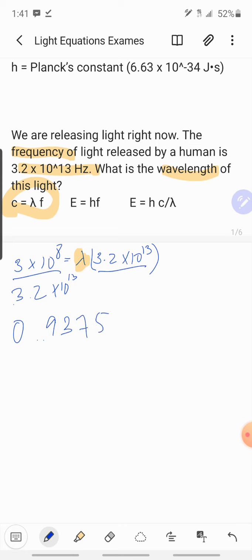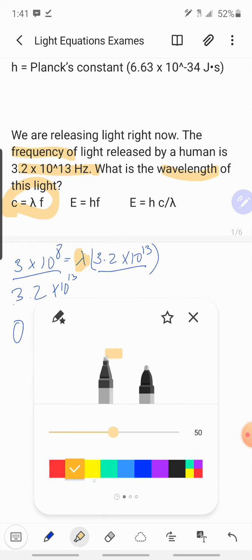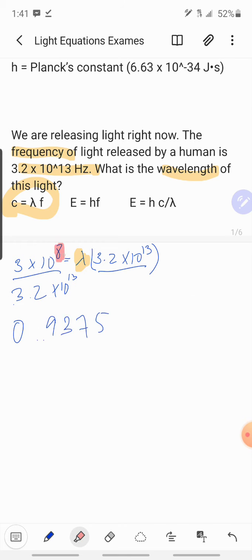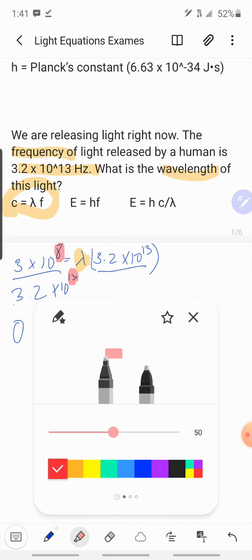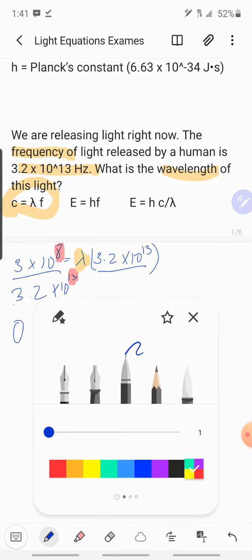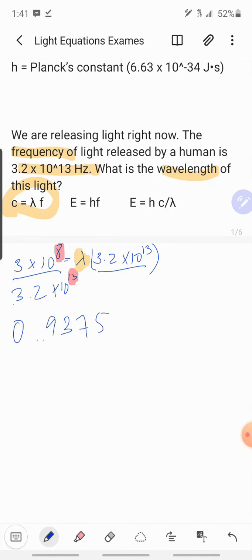0.9375. So these exponents right here, because we're dividing, we can subtract them, and that'll give me my new exponent. So whenever you have exponents that are dividing, you can subtract them. So we do 8 minus 13.